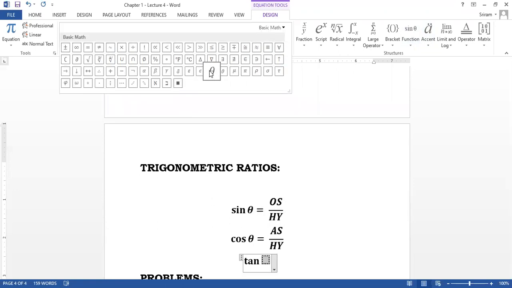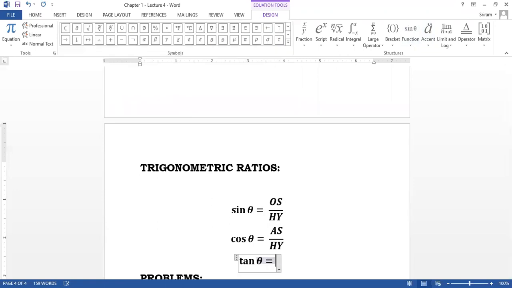First we considered the opposite side and hypotenuse, finding the ratio between them. Here we are finding the ratio between the adjacent side and hypotenuse. Now I want to find the ratio between the opposite side and adjacent side. This is called tan theta.